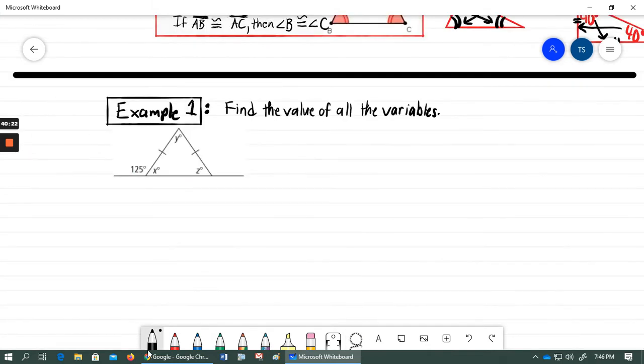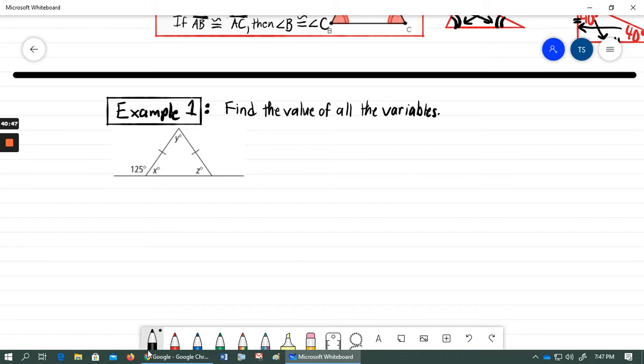All right. So let's look here at example 1. It says find the value of all the variables. Now, guys, the practice that I've got you doing, I'm asking you to show your work.